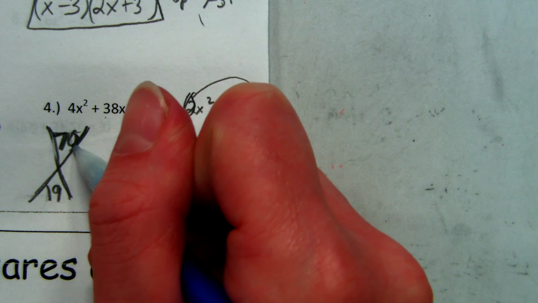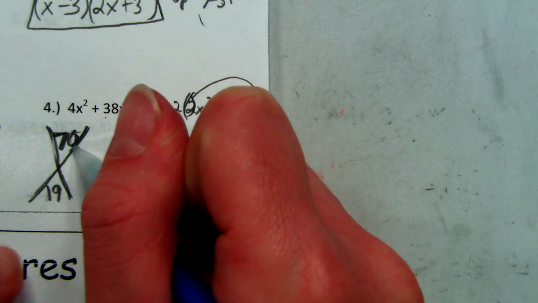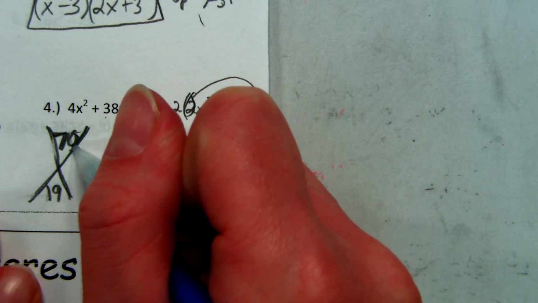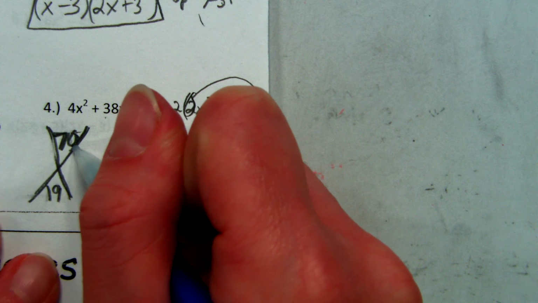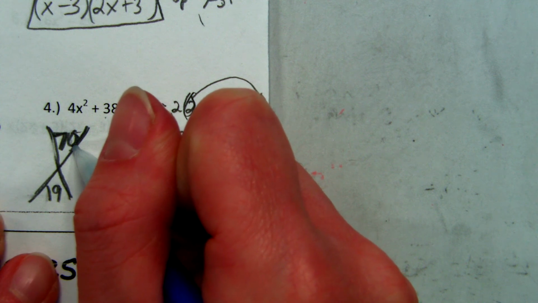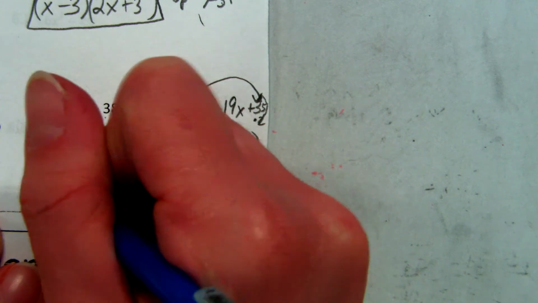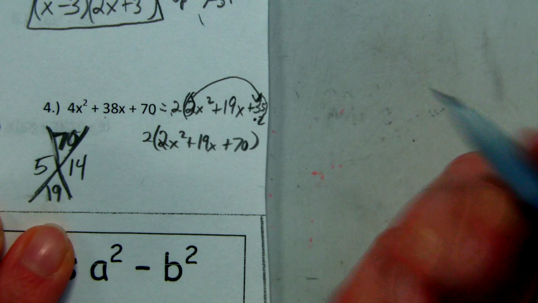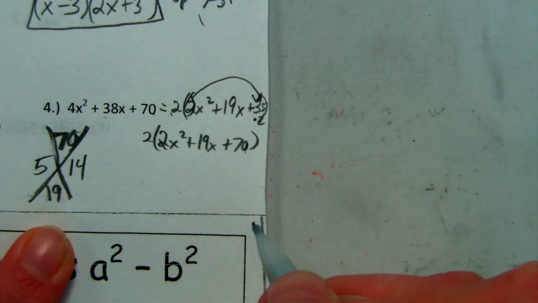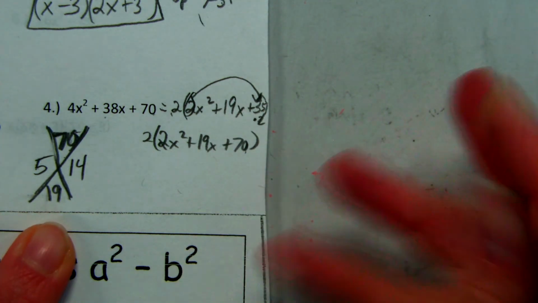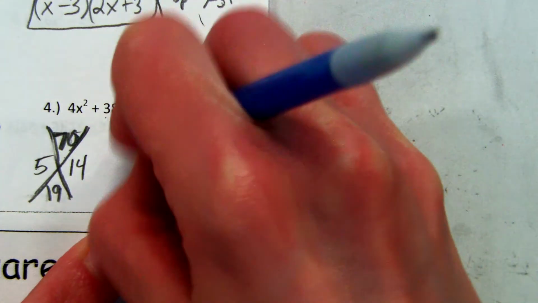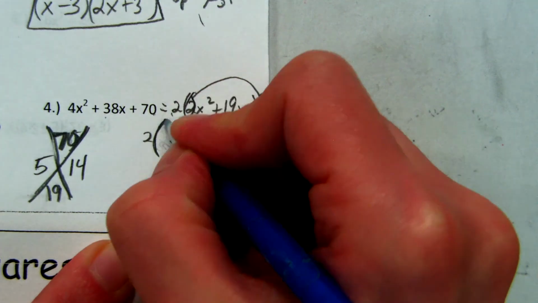5 goes into it, 5 and 12, yeah, that's right. No, 5 and 12 is 60, so it'd be 5 and 14, that adds up to 19. There we go, 5 and 14. And I forgot that I took that 2 off right there, and that's only x squared.